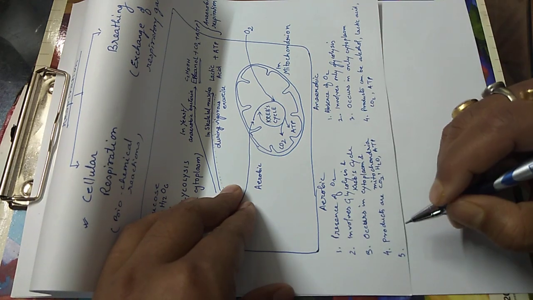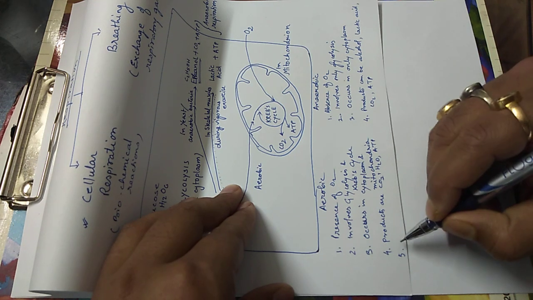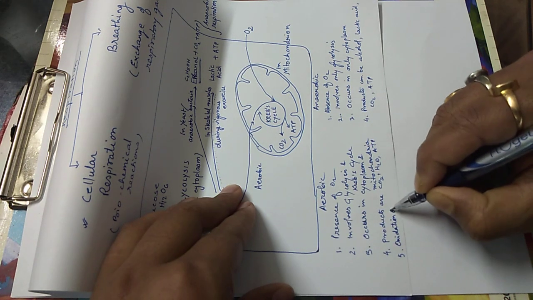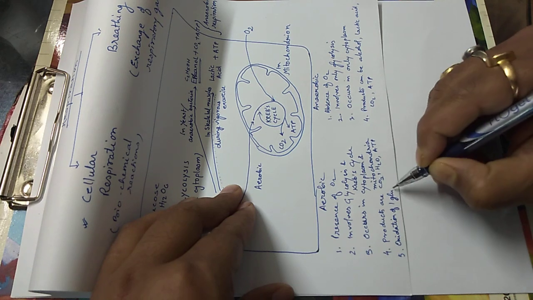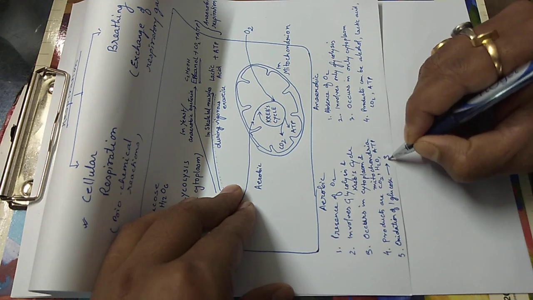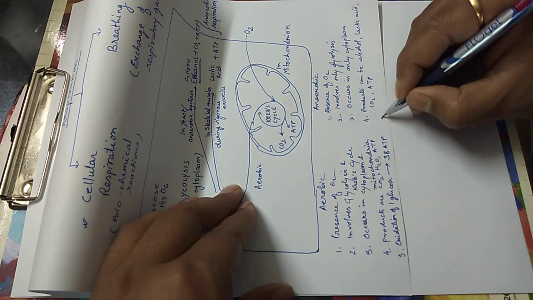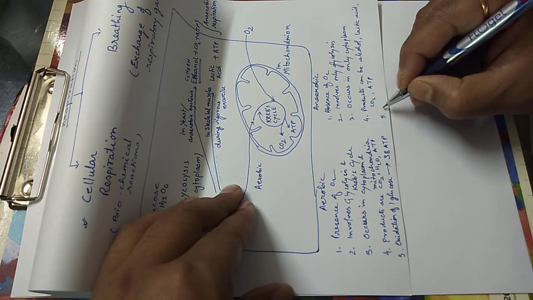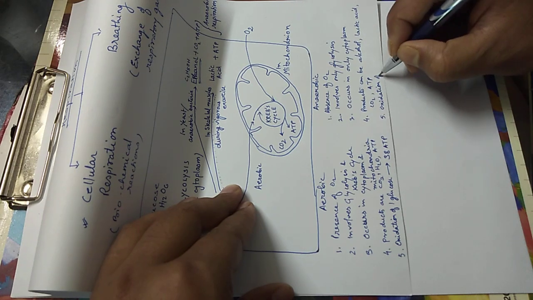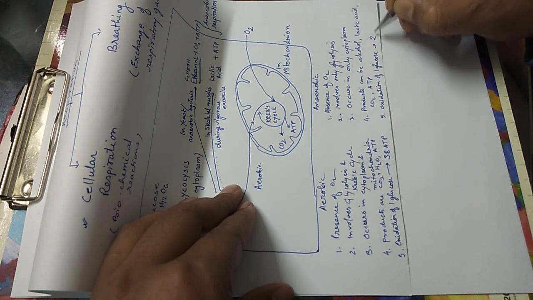Another difference we can cite is how much ATP is formed. If it is aerobic respiration, oxidation of one glucose molecule gives 38 ATP. And if it is anaerobic respiration, oxidation of one glucose molecule just yields 2 ATP molecules.